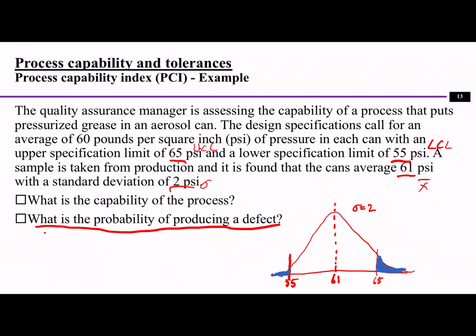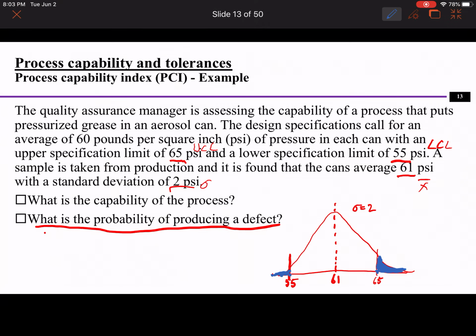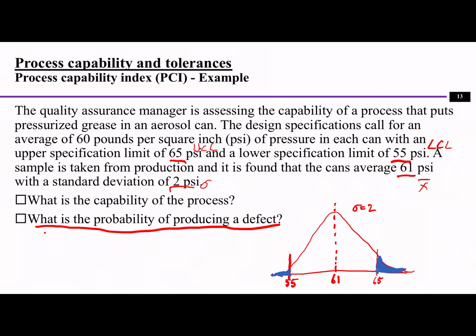So how do we find the probabilities? We just need to know the key points, 55 and 65. As long as we can find the z values, z1 and z2, I can know the probability.